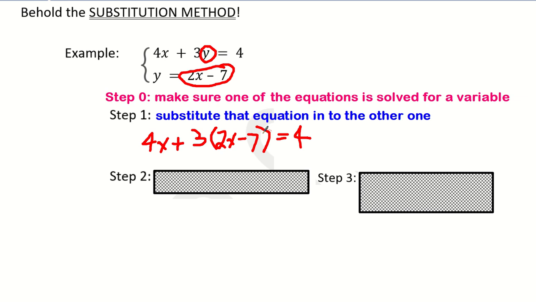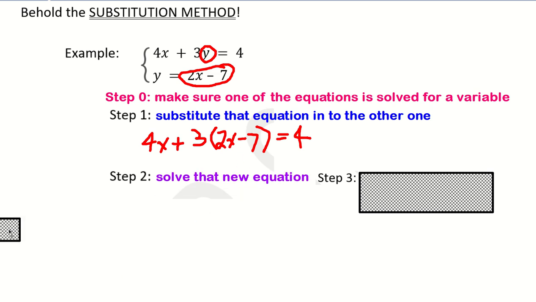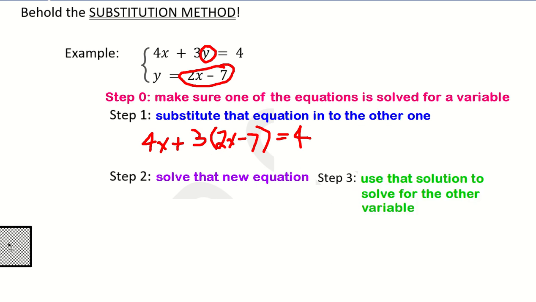So now you have an equation you can actually get somewhere with, and you can distribute the 3 and keep this going and solve for x, or whatever your variable is. And then once you know what x is, you can plug that into one of these equations and figure out what the other variable is, in this case y.